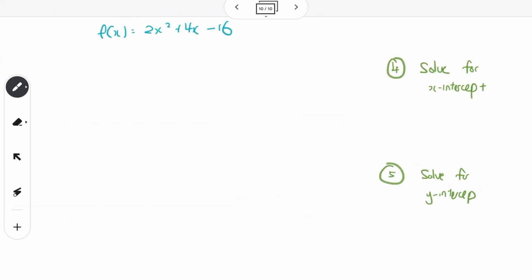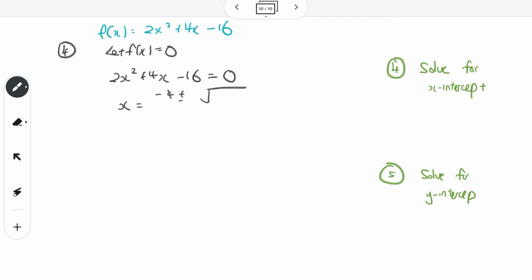Now, for the next step, we have to solve for the x-intercept, which is we let f(x) equals 0, so 2x squared plus 4x minus 16 equals 0. And to solve this, I'm just going to use the quadratic equation, which will give us -b plus or minus the square root of b squared minus 4ac, over 2a.